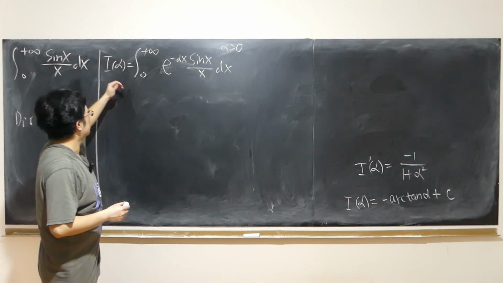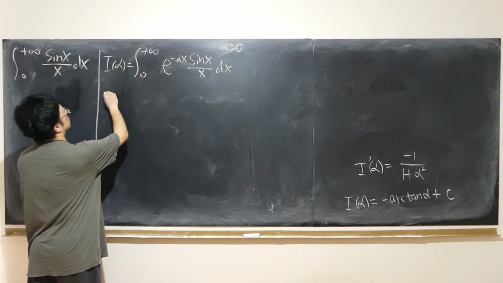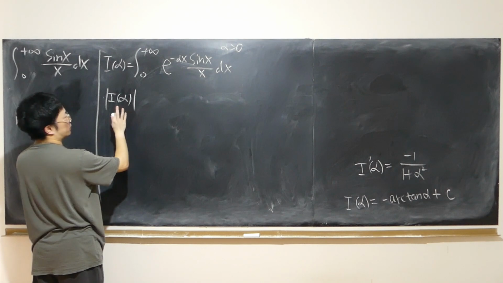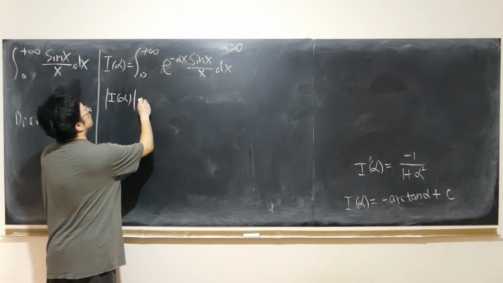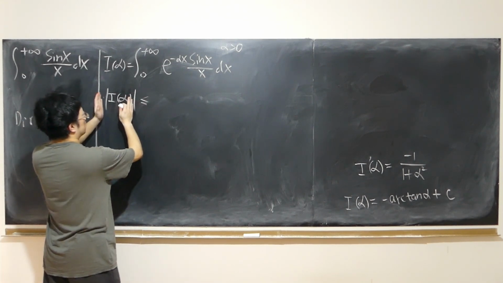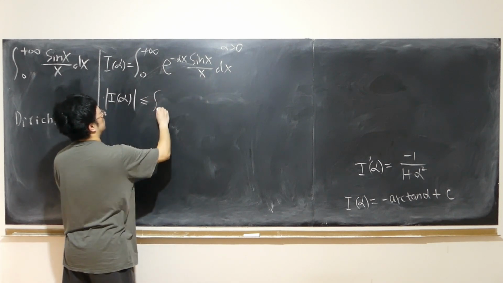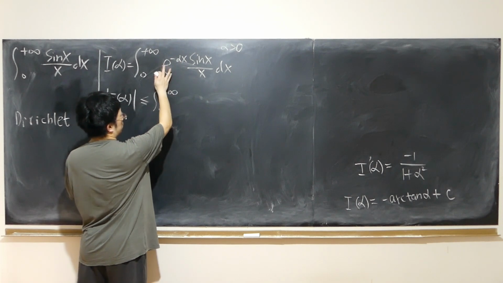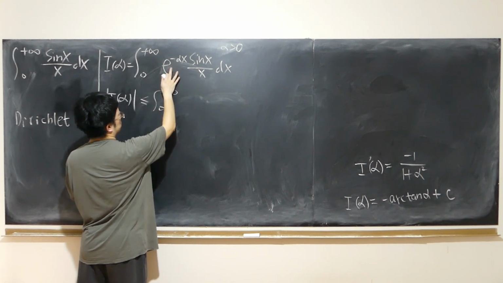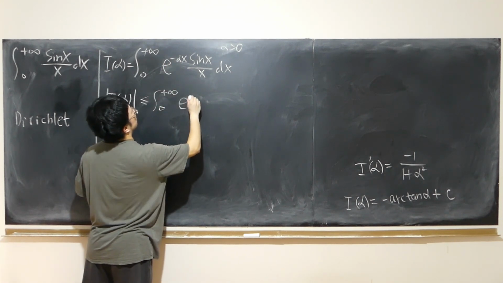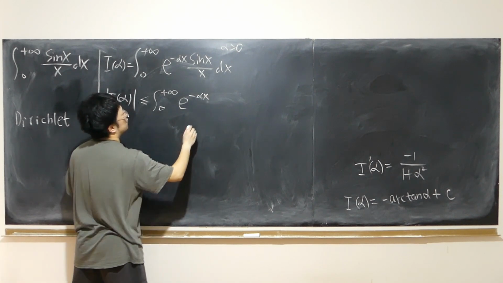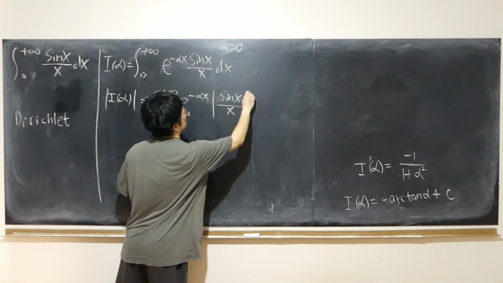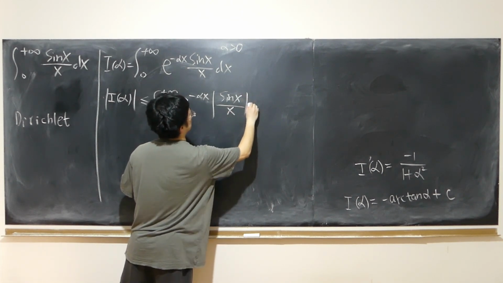Now let's estimate this I of alpha in absolute value. It's bounded above, I claim. So that is less than or equal to, taking the absolute value inside, the integral from 0 to positive infinity of e to the negative alpha x times the absolute value of sine x over x dx.